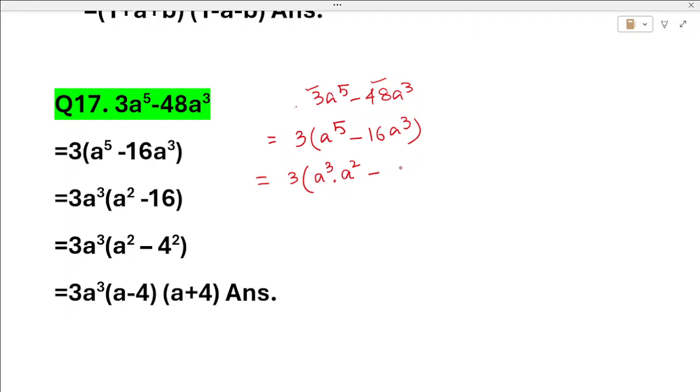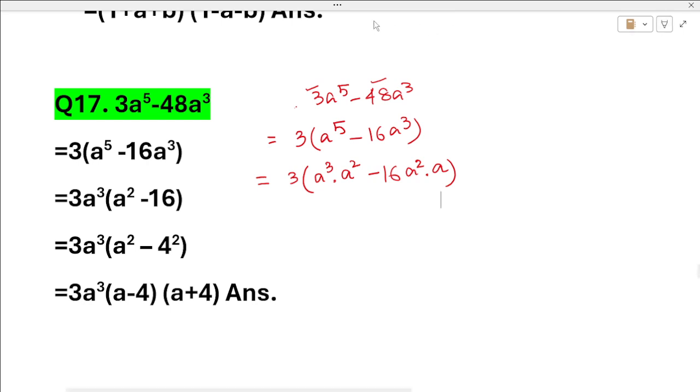So it becomes 16. Okay, a cube. You can put a cube as correct. You can put na. Okay. Now, you better just wait.